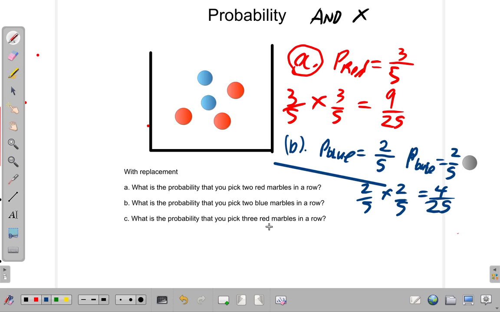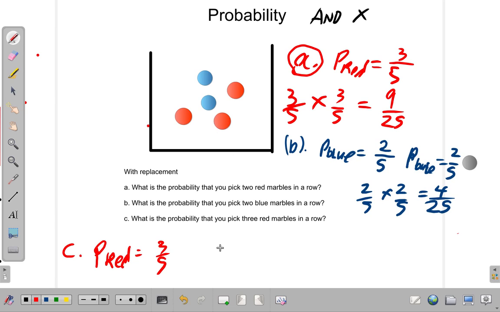Now of course, you do have a smaller probability here, 4/25, as opposed to 9/25, because you have less blue than red. Now let's look at part C. The probability that you pick 3 red marbles in a row. Well, we know from before that the probability that you pick a red is 3/5, or you have 3 red and a total of 5.